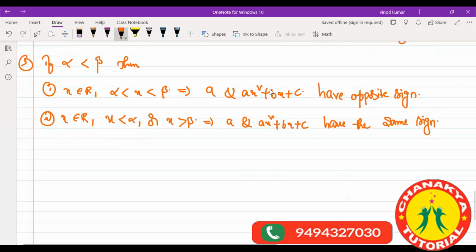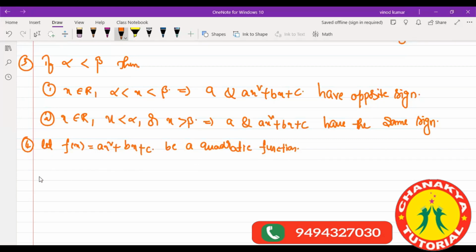Okay. Now, let f of x equals ax square plus bx plus c be a quadratic function. Then we have two points.